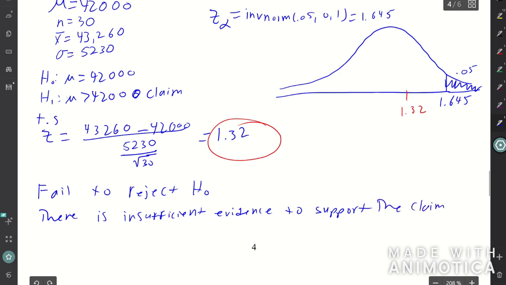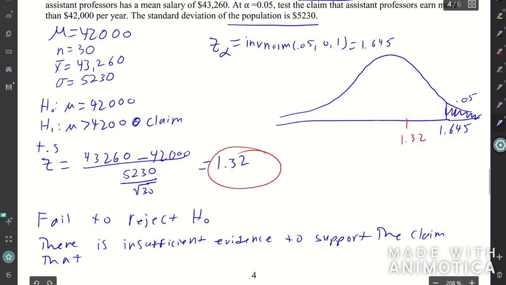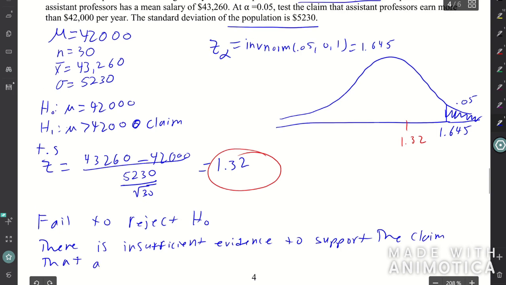I'm using the word support because the claim is in the alternative, so we're not rejecting it, we're just not supporting it. And the claim that assistant professors' mean salary is more than 42,000.